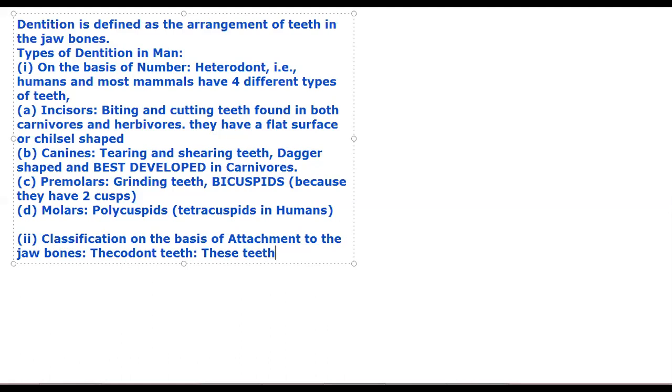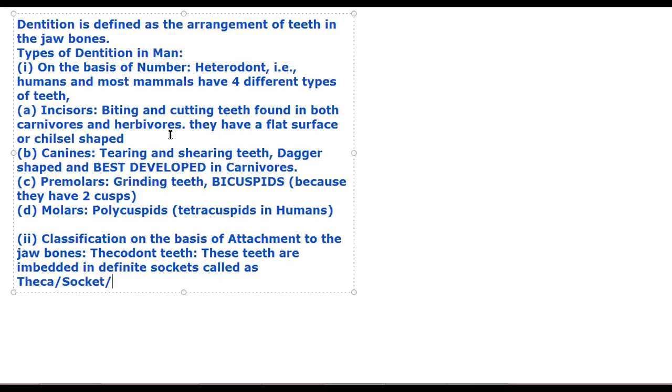These teeth are embedded in definite sockets called as what? Theca or socket or alveolus or roots.